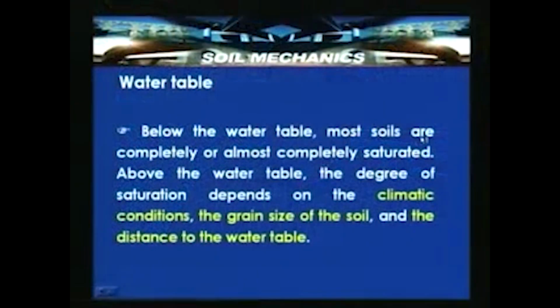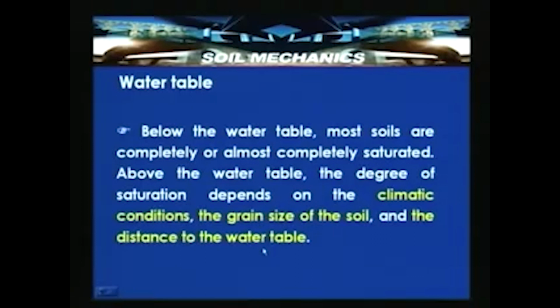Below the water table, as we have discussed, most of the soils are saturated, that means all the voids are filled with water. Above the water table, the degree of saturation depends upon the climatic conditions, whether arid climates or otherwise, the grain size of the soil, and the distance to the water table.